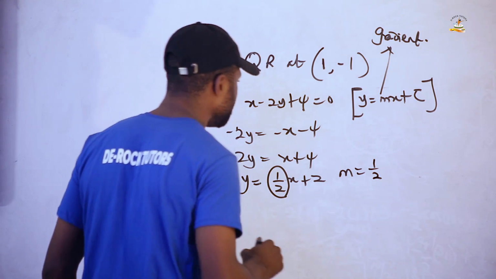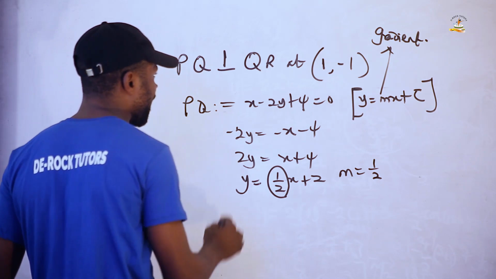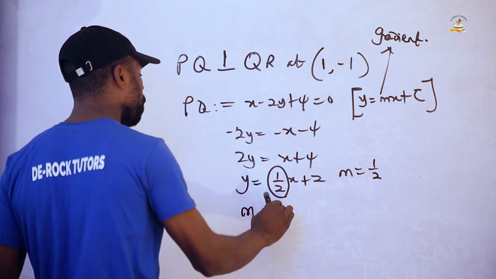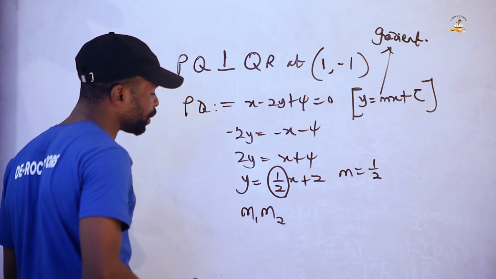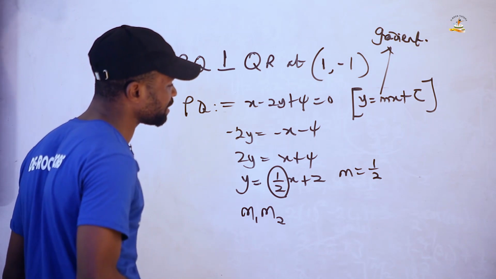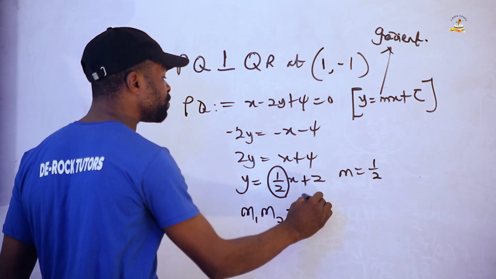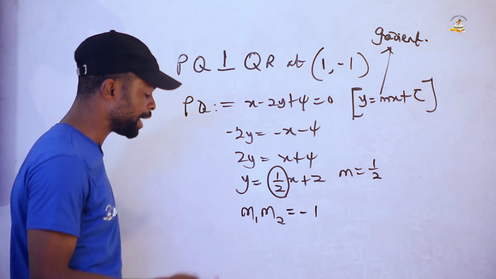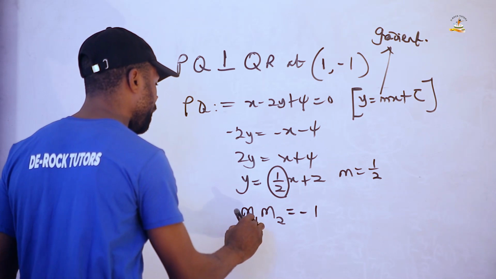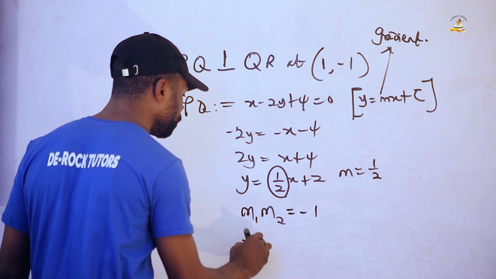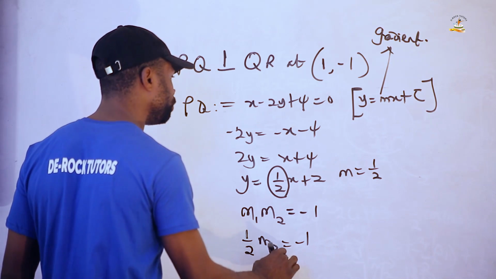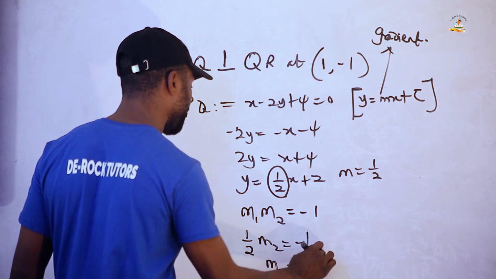If m is equal to 1 over 2 and the two lines are perpendicular, it means that the gradient of the second line, which is QR, can be represented as m2. And since for perpendicularity, the product of their gradients must be equal to minus 1, we now have 1 over 2 times m2 equal to minus 1. m2 therefore is equal to minus 2.